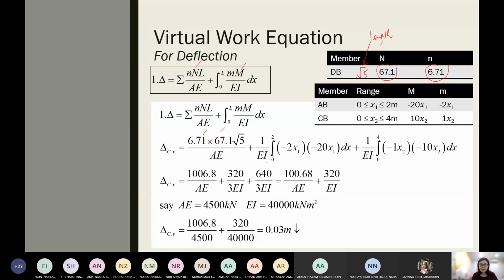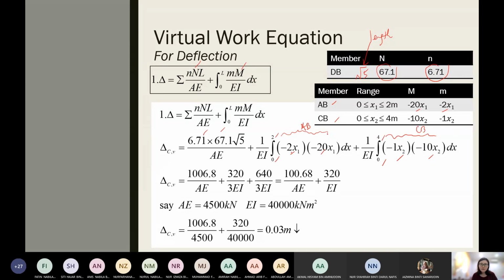Then you can proceed with the beam, AB and CB. For AB, we have small m, capital M, just put it in, from 0 to 2 meter. And then for CB, negative x and negative 10x, from 0 to 4.